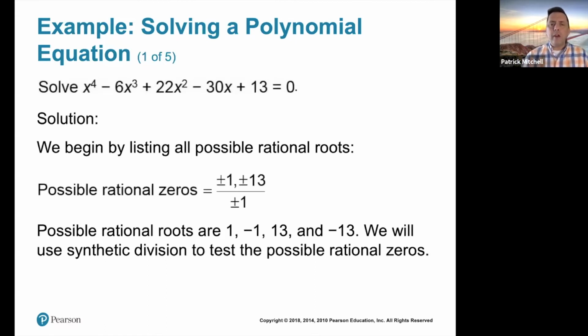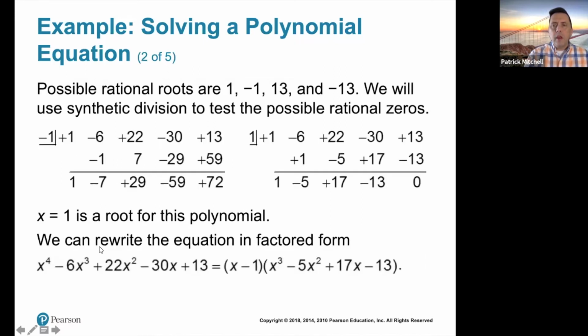So now we'll start using synthetic division to test each of those possible rational zeros. All right, so if we start with -1, that doesn't work. This polynomial divided by x plus 1 has a remainder of 72. However, if you divide by x minus 1, right here, that does leave a remainder of 0.